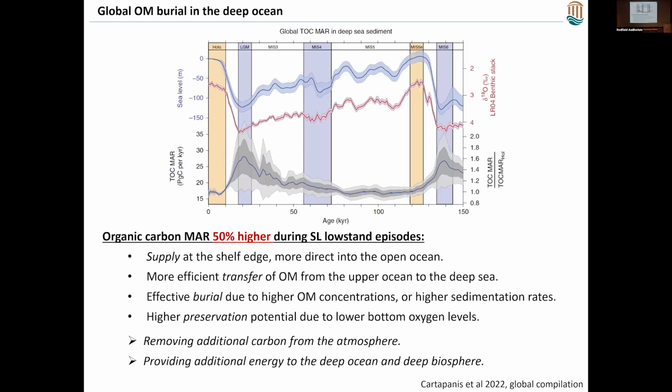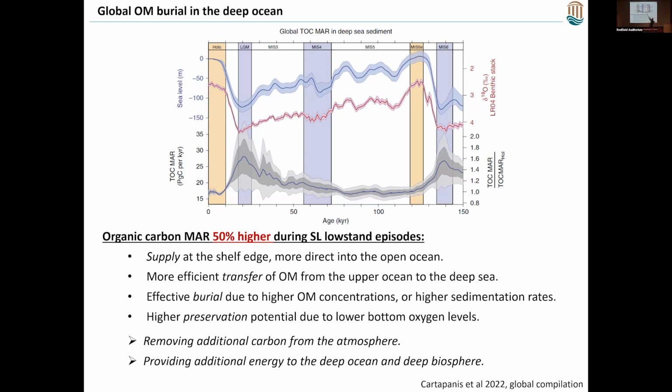All right, last slide. This is a very nice study here, compiling plenty of records from a global scale. Just looking at the total organic matter mass accumulation rate, various regions across the world ocean, and what you can nicely see, so now we are back at 150,000 years, so this is kind of 1.25 of glacial interglacial cycles.